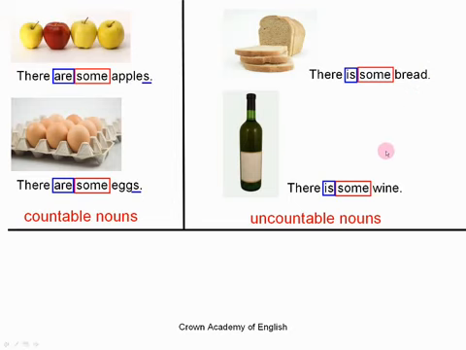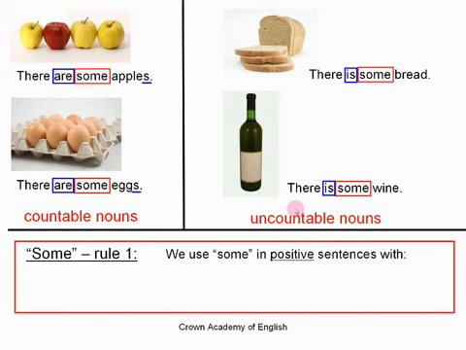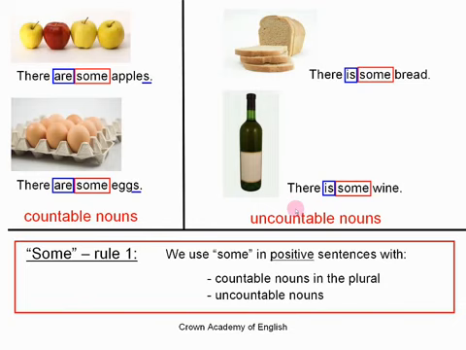And so we also use the word some for uncountable nouns in positive sentences. So, rule 1. We use some in positive sentences with countable nouns in the plural and uncountable nouns. Okay? So that is what we have seen here. We'll now look at the second rule.